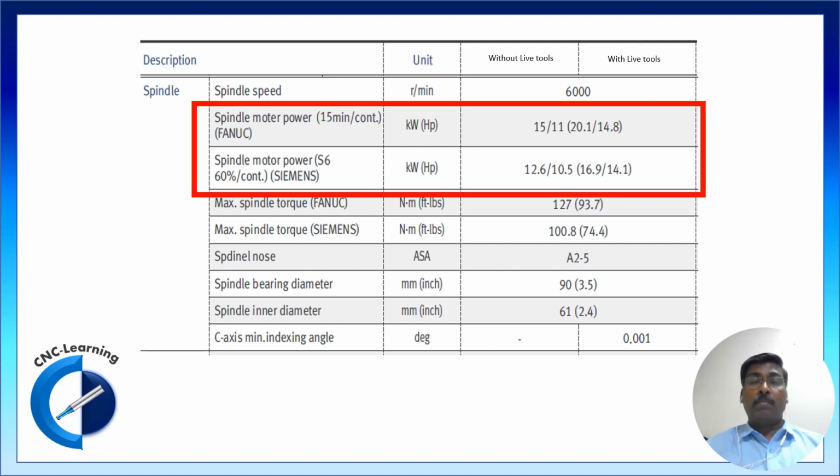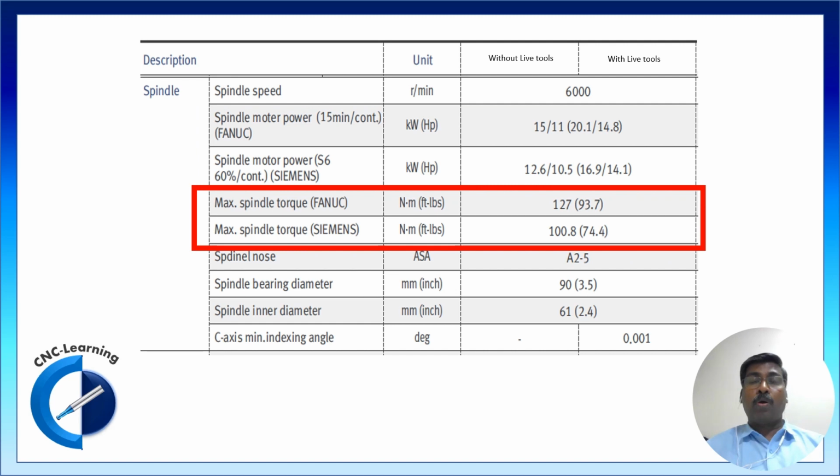Spindle motor power, here two different conditions are mentioned. One is Fanuc and the other one is Siemens, two alternatives. So if it is Fanuc, it is going to be 15 kilowatt, and if it is Siemens, it is going to be 12.6.